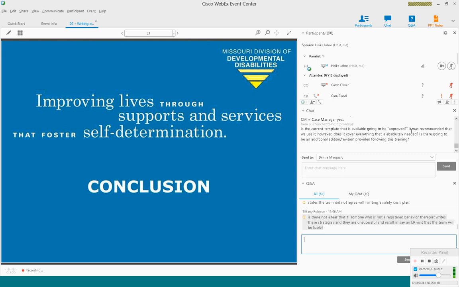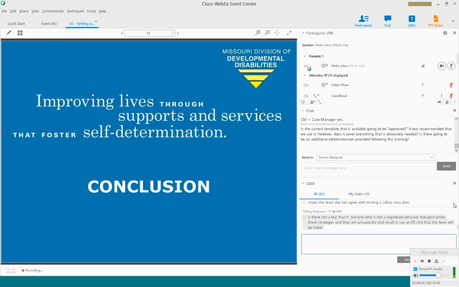Does it cover everything that's absolutely needed? It's a general template that includes the parts of a crisis safety plan as far as we've researched them so far, so I would say yes.